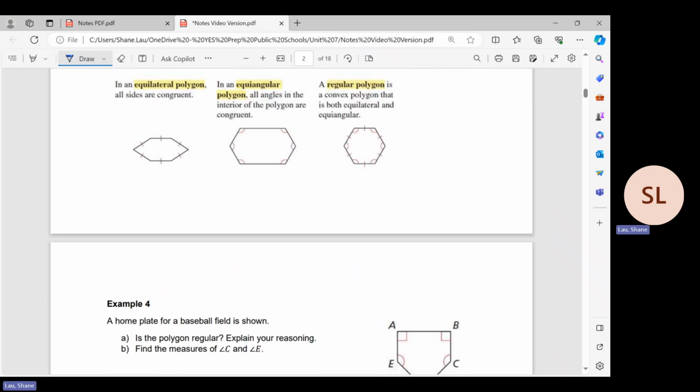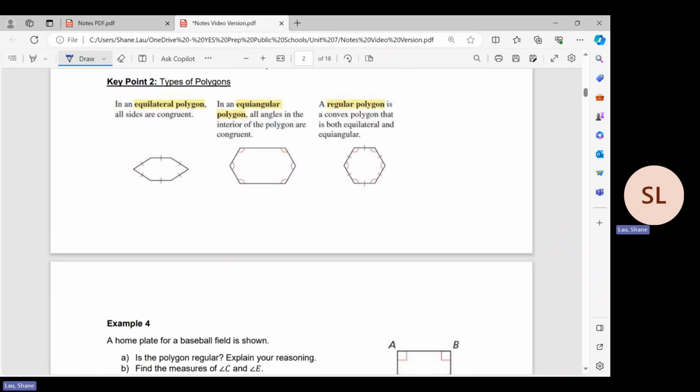Now for key point 2, however, this is where it gets a little bit trickier. Beforehand, when we talked about triangles, we always said that the equilateral triangle was also equiangular. This, however, is very different. An equilateral polygon is going to have all sides congruent, which are indicated by all the hash marks.